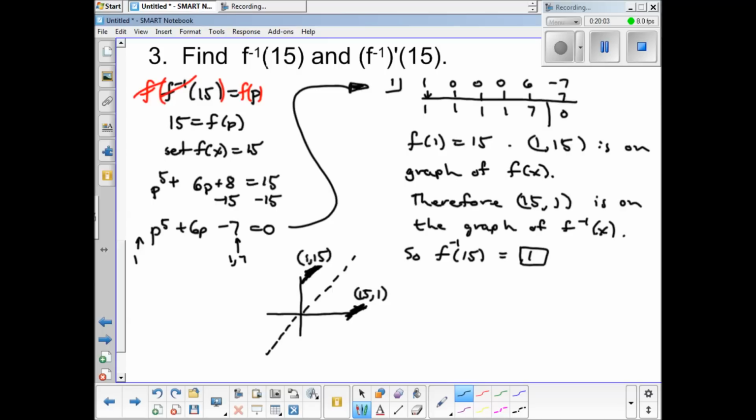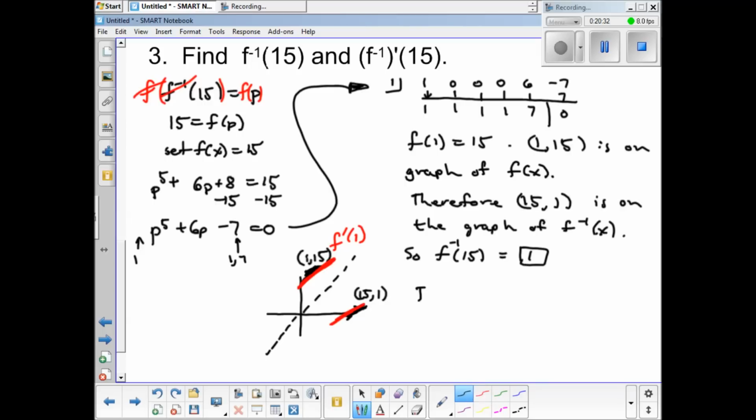So now what we need are the tangent lines. What I'm going to do is find f prime at 1, and that should give f inverse prime at 15. If I find the slope of this tangent line here, which is f prime of 1, I can then just take the reciprocal and get the slope of this tangent line.